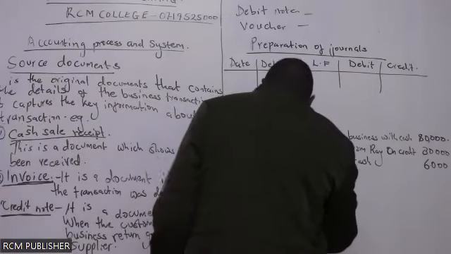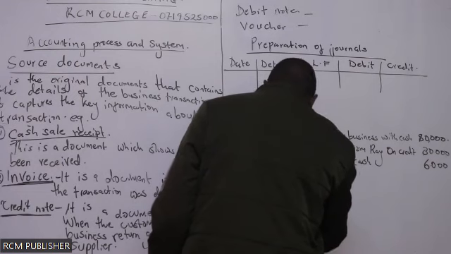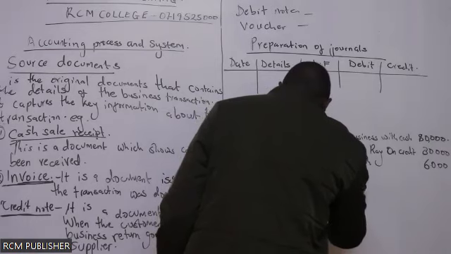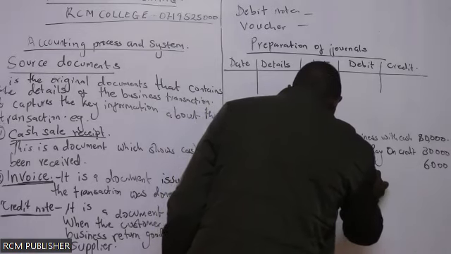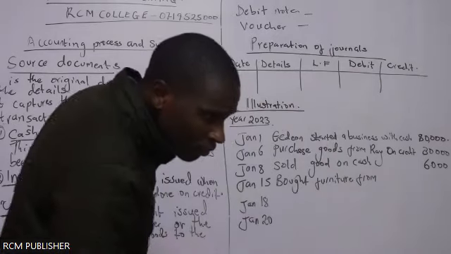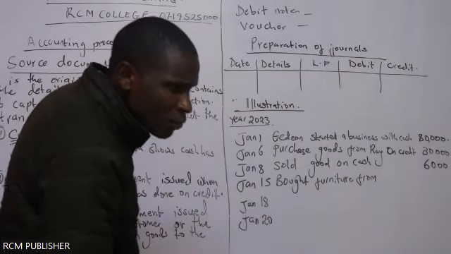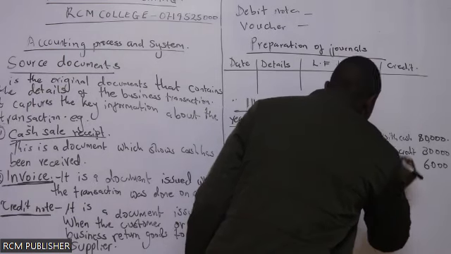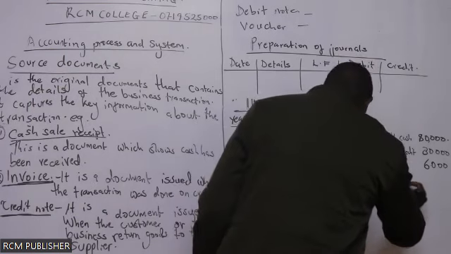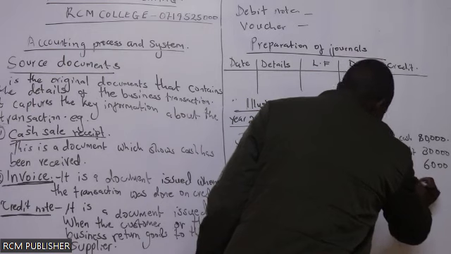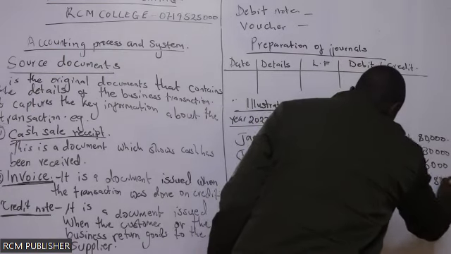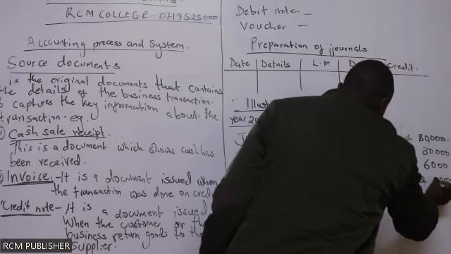On January 15, Gideon maybe bought furniture from one of us here. This is Lewis, from Lewis. Lewis is the furniture seller. Lewis for cash. And this will be 8,000. He has bought furniture for cash, 8,000.